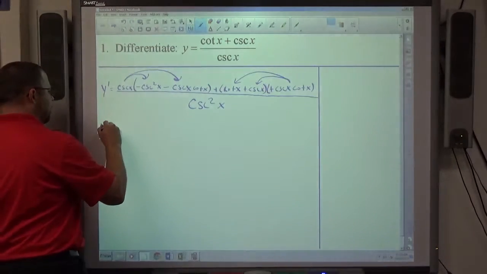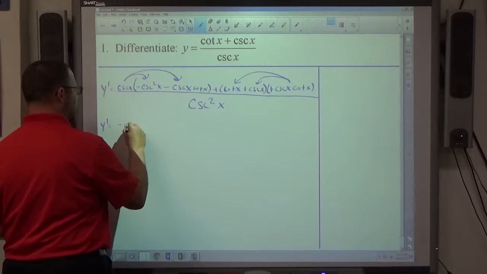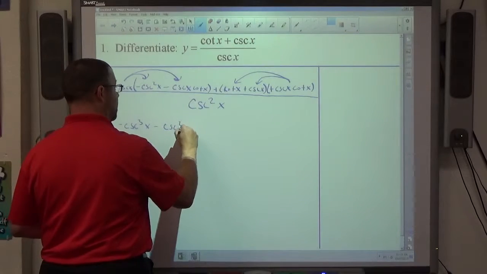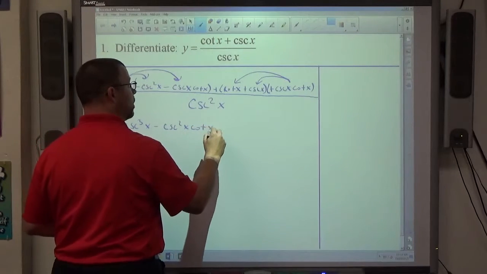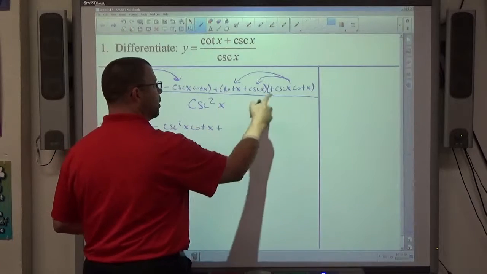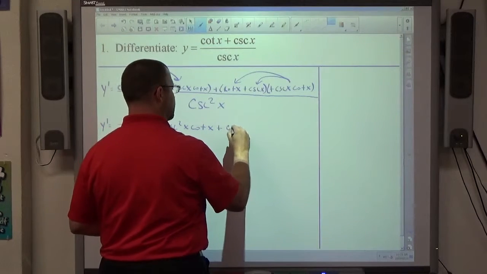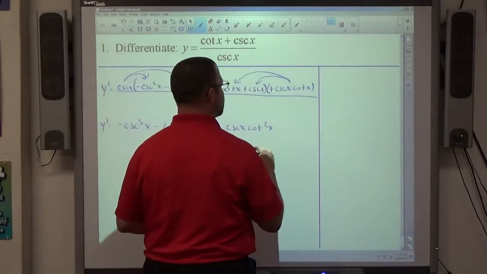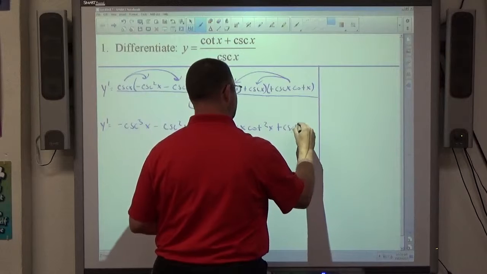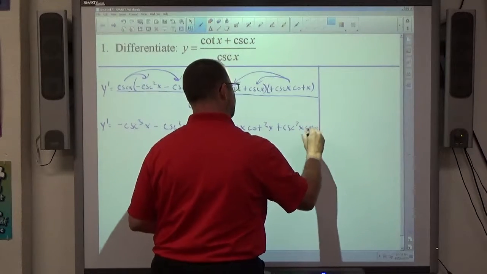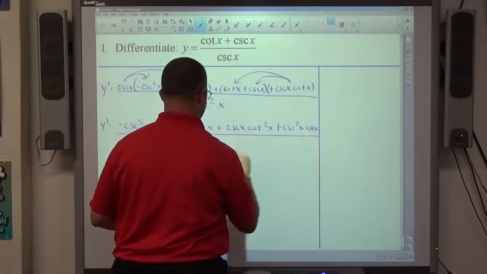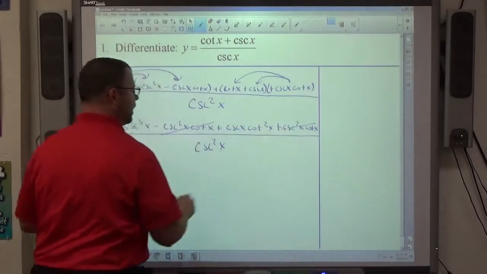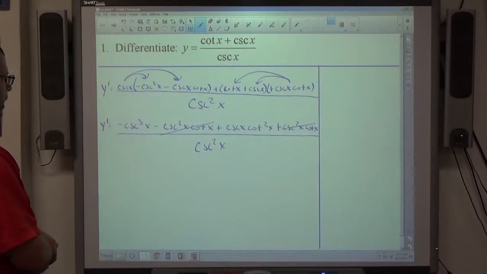That gets me y prime equals negative cosecant cubed x minus cosecant squared x cotangent of x plus cosecant of x cotangent squared of x, and then plus cosecant squared x cotangent of x, all over cosecant squared of x. We'll see that this is the same as that. They cancel because they're opposite signs.